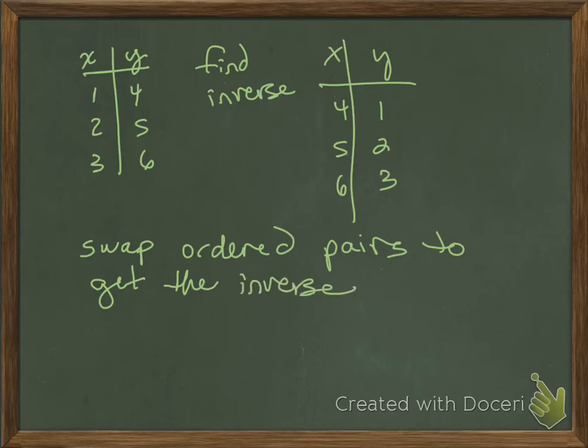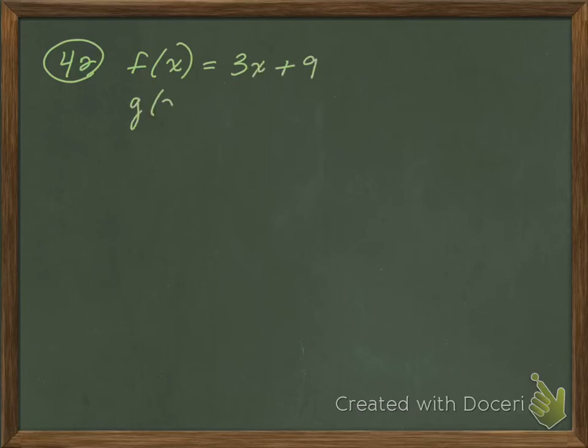Okay, and so here we're going to take a look at number 42 in your book. It wants to know if f of x is 3x plus 9 and g of x is 1/3 x minus 3. The question is, decide whether they are inverses. So are these inverses?